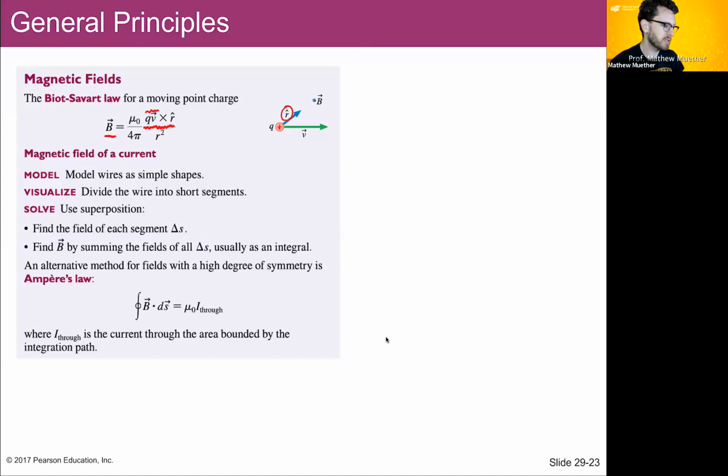And we saw that the fundamental units of the magnetic field are the Tesla. Those units are encoded in this physical constant mu naught. The charge, velocity, and distance metrics in this equation are all our standard sets.